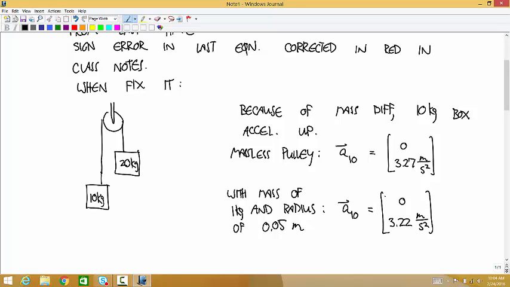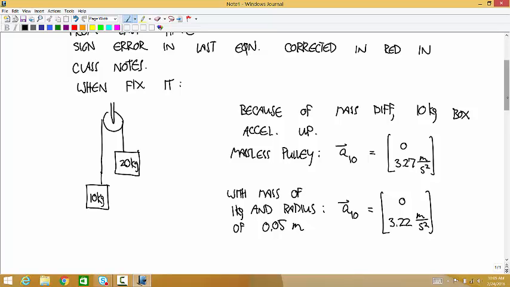And so what's happening is now instead of the cable being able to produce any acceleration it wants with no resistance when the pulley is massless, now there's some inertia in the pulley. And so some of the force exerted by these cables is used to overcome that inertia of the pulley. And that's why you would expect that acceleration to be smaller with mass, and that's what you get. Okay?